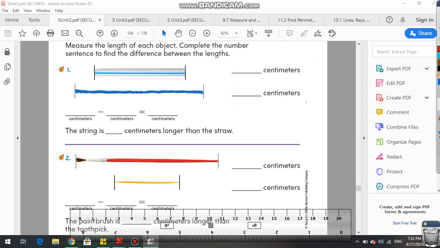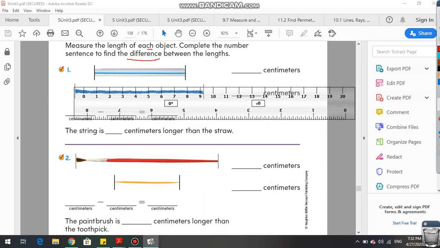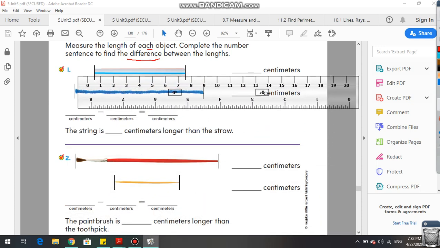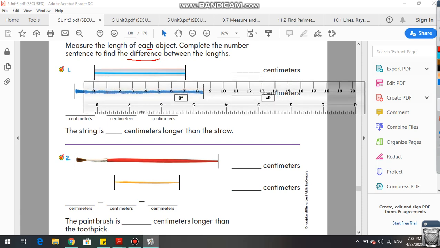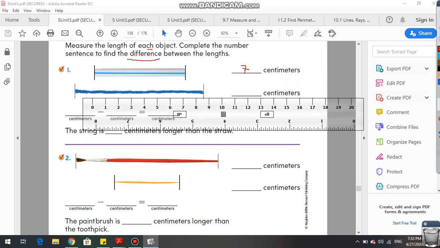In number 1, he wants me to measure the length of each object. Complete the number sentence to find the difference between the lengths. And difference means minus also, guys. So let's first measure the straw. Straw is 7, so I'm gonna write 7.